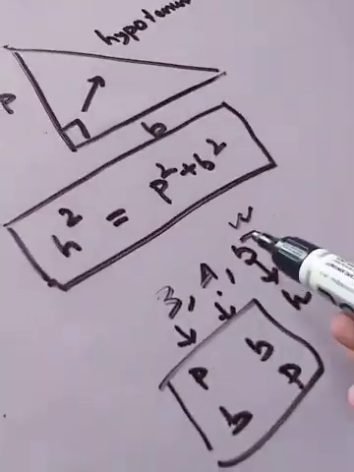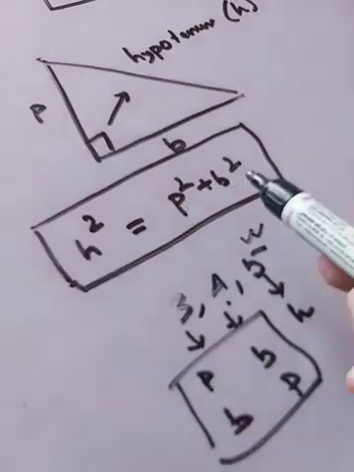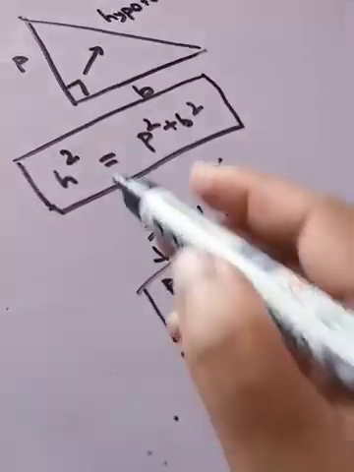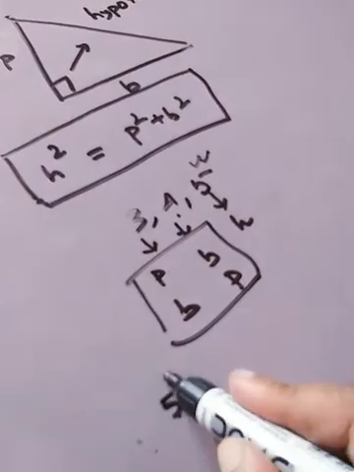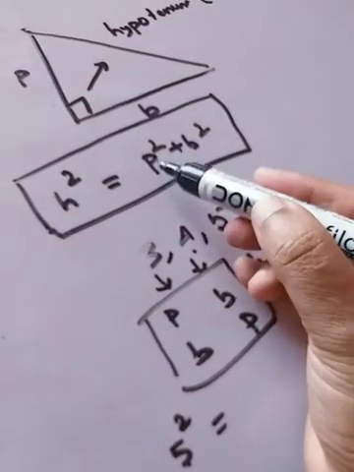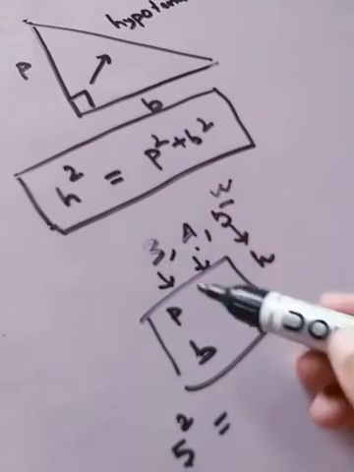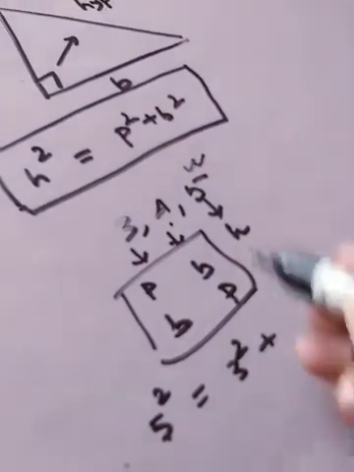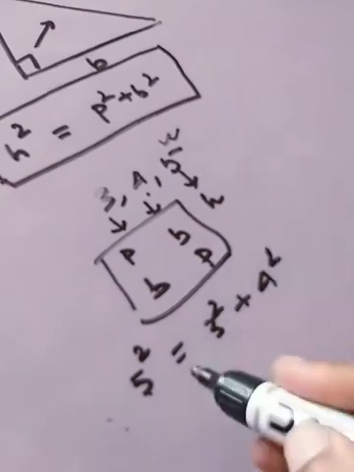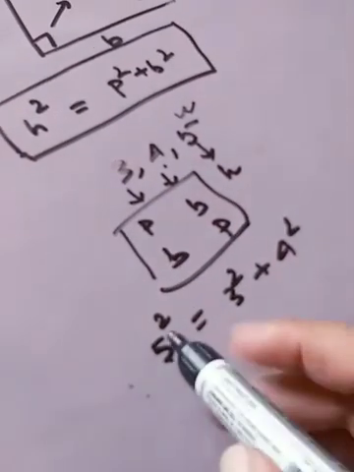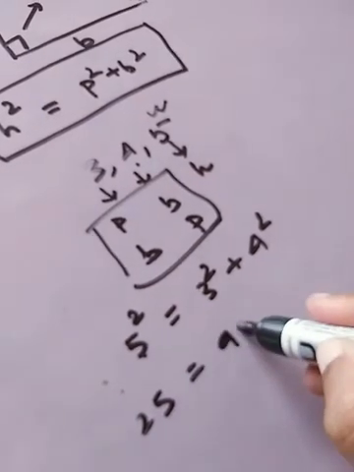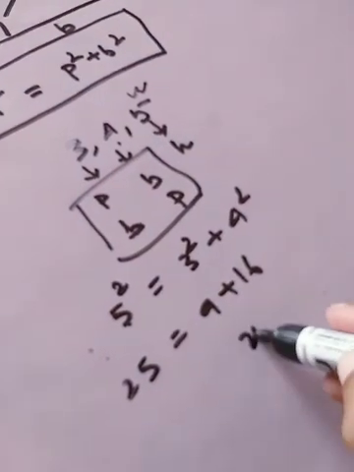Now let us see whether these three numbers really satisfy this equation. In place of h, we put 5, so it's 5 square. It doesn't matter which number you take for p and b, so let us take p as 3 and b as 4. Now solve LHS and RHS individually. 5 square is 25. On the other side, it is 9 plus 16, which equals 25.